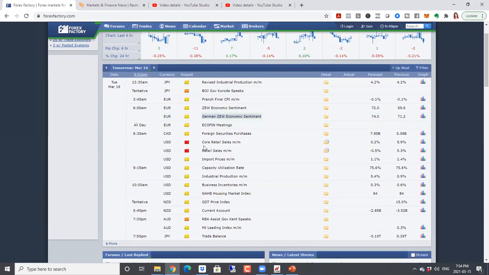And in the New York session, we have retail sales numbers from the US. Right now, they're not expected to be that great. This is for the month. So we'll see if they come in better than expected. That will be positive for the US dollar. And that's pretty much it in terms of the major news that's coming up.